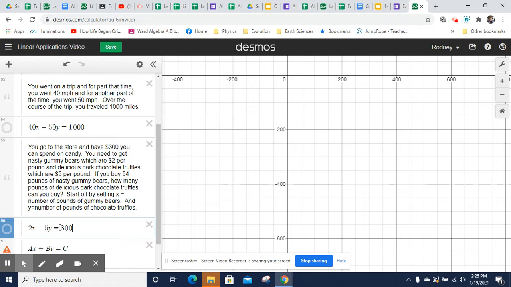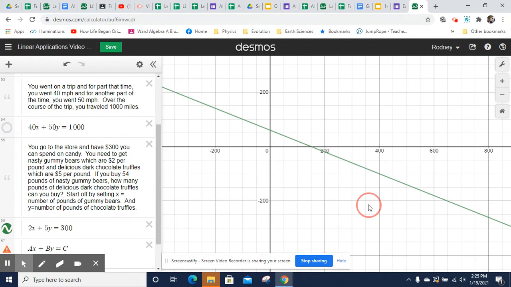So let's see what we have. Let's turn that on. And there you have a graph of that equation, 2x plus 5y equals 300.